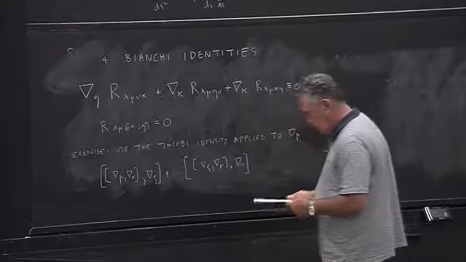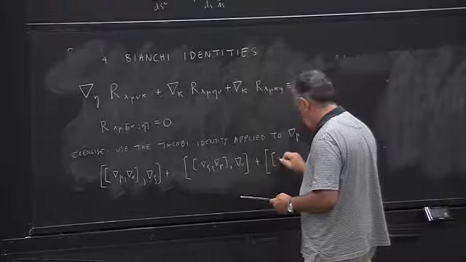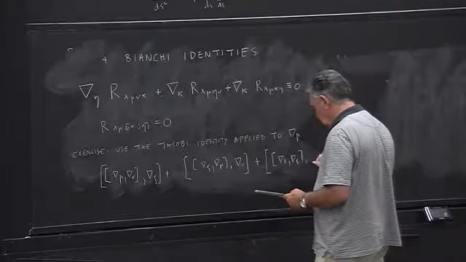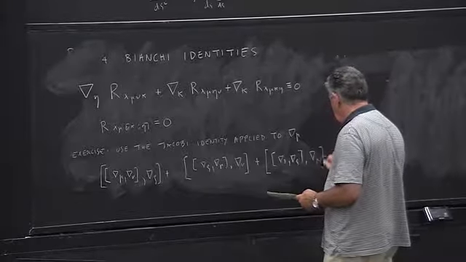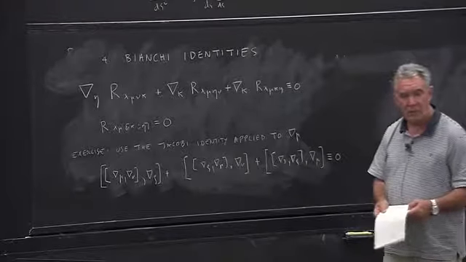Brackets mean commutators, plus commutator grad nu, grad rho, grad mu. And that's identically equal to 0, just from the properties of a commutator.